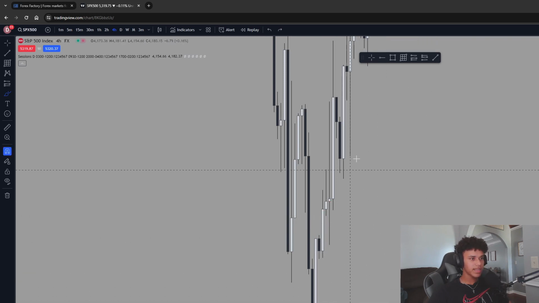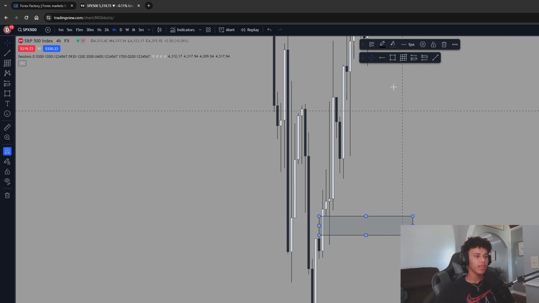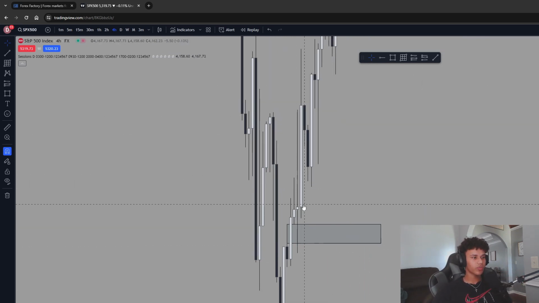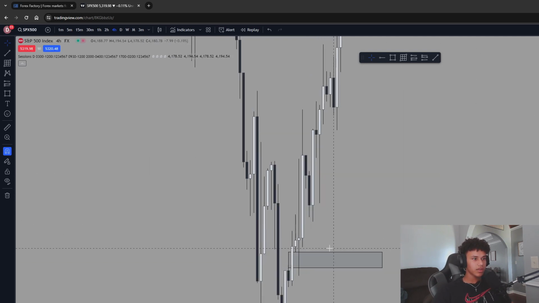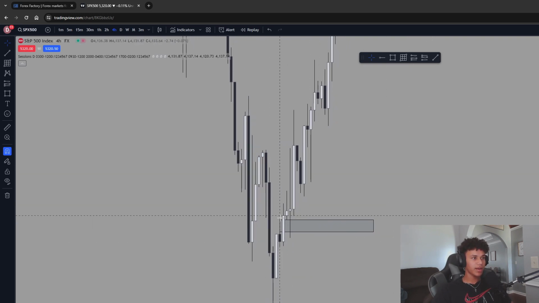When there's an opening in the wicks around the middle candle, that's a fair value gap. That's where price is likely to draw into, and there are orders that can get filled there. Price goes into it, and it doesn't close below it, because if it did, that would invalidate it. It goes into it and has a large reaction. That reaction would be enough for me to enter, but you could also wait for an order block.